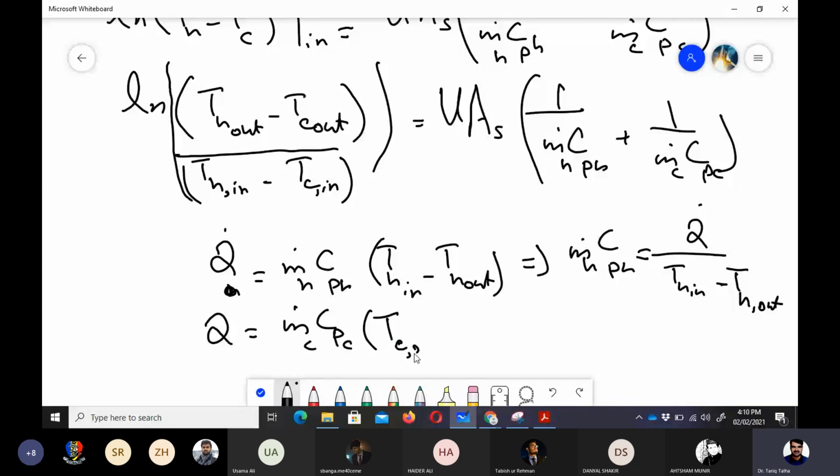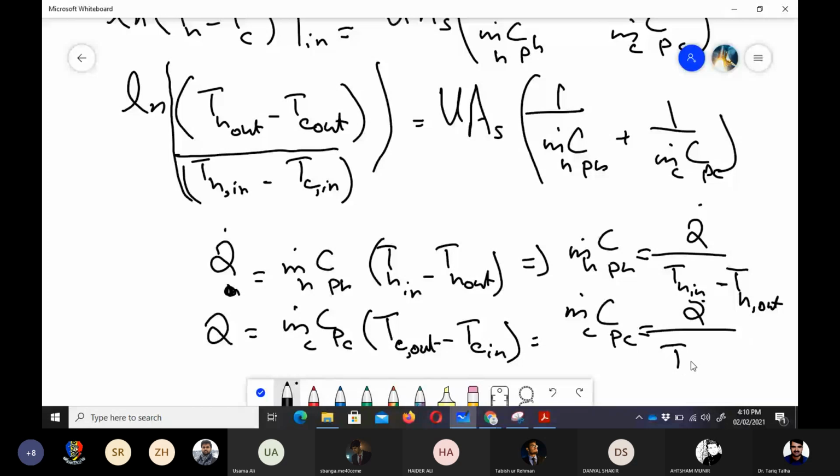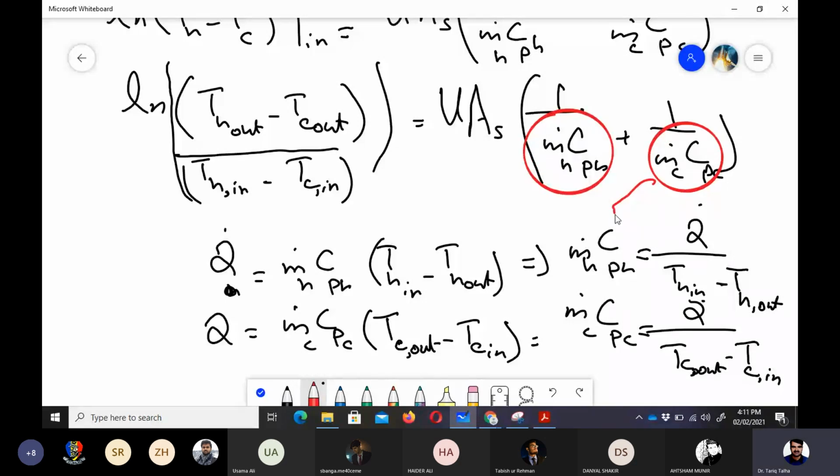So m dot c Cp c is equal to Q dot divided by (Tc out minus Tc in). Right. So now these two things are going to be replaced with these two things.